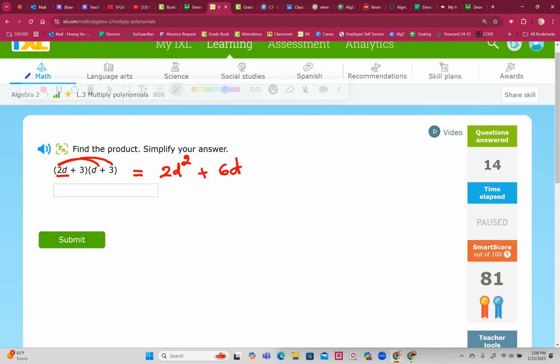And then when I'm done with the 2D, I move on to number 3. Number 3 times D is 3D, and number 3 times 3 is a number 9.